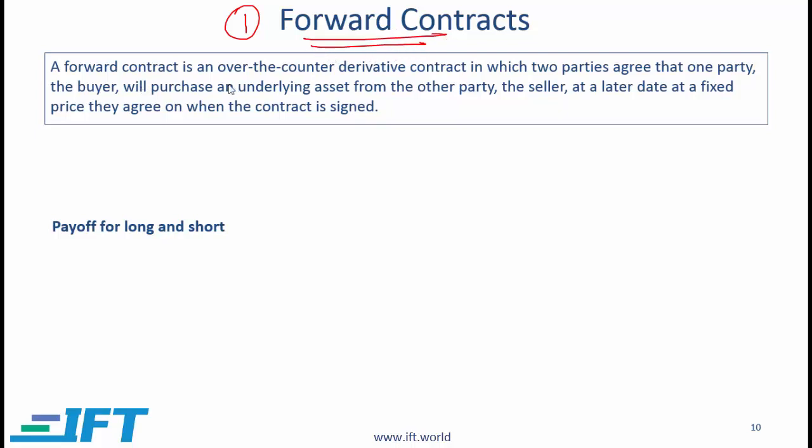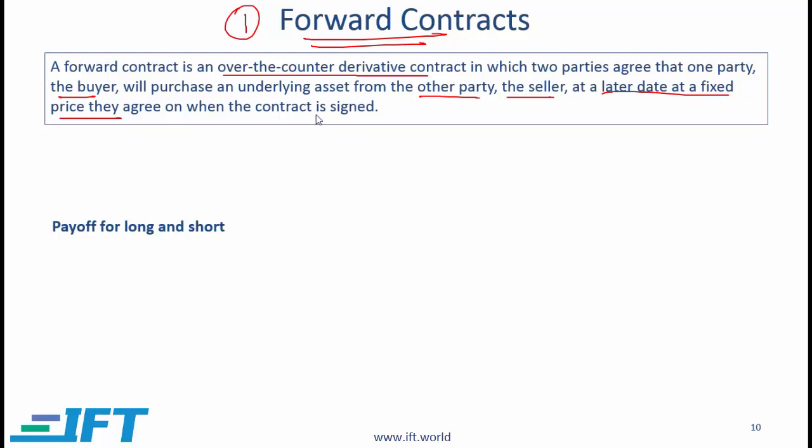A forward contract is an over-the-counter derivative contract in which two parties agree that one party, the buyer, will purchase an underlying asset from the other party, the seller, at a later date at a fixed price which they agree on when the contract is signed. And the example that I just gave you applies here.